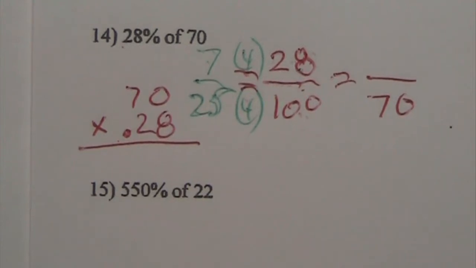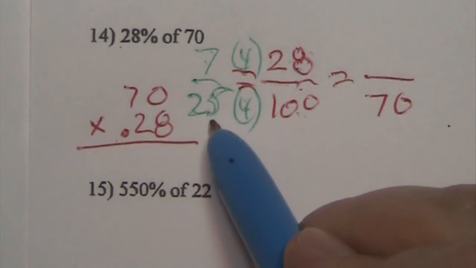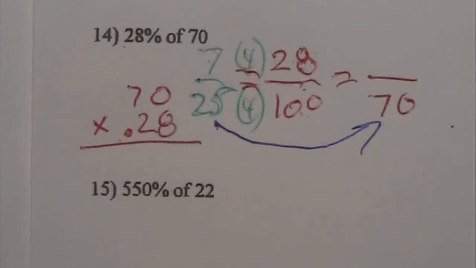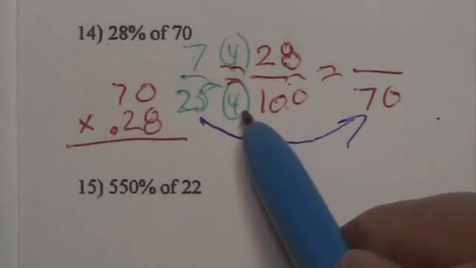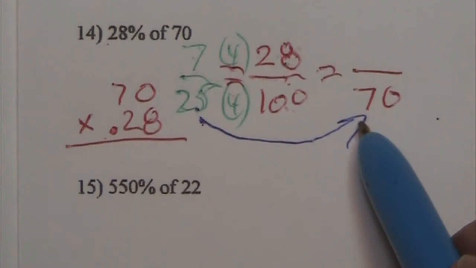Well, now all I need to do is scale up. So I'm scaling down and then scaling up. So 25, well, wait a minute, does that work out? Does 25 go into 70? That really doesn't help us much, does it? Because 25 doesn't go into 70.